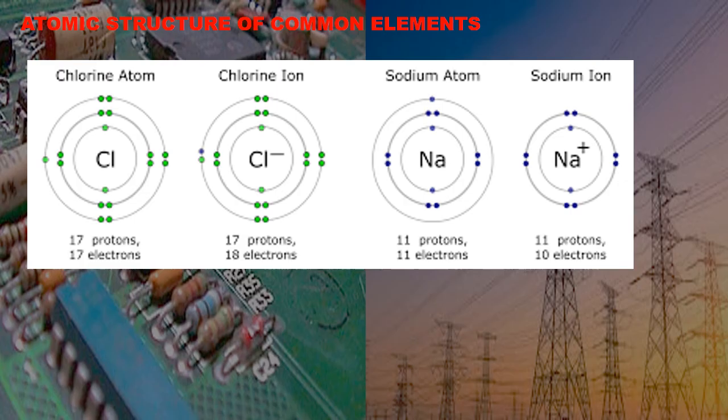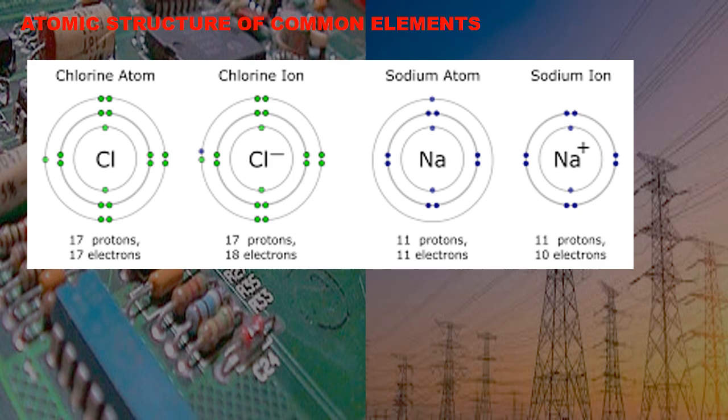So for chlorine, we have 17 protons and 17 electrons. The 17 electrons orbit the nucleus, and 17 protons and 18 neutrons are in the nucleus. And then we have the chlorine ion, which has a minus. So when it has a minus, that means it's gaining 1 electron, so the electrons go up to 18.